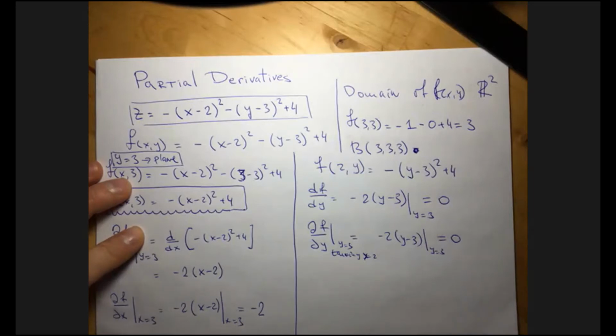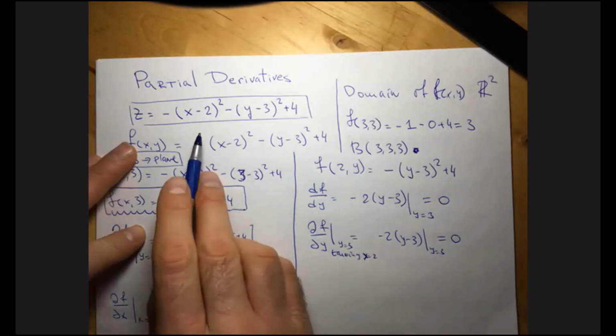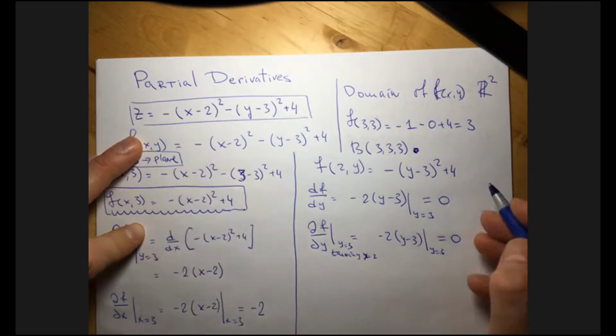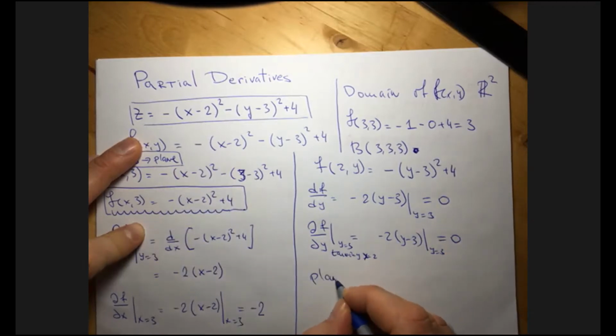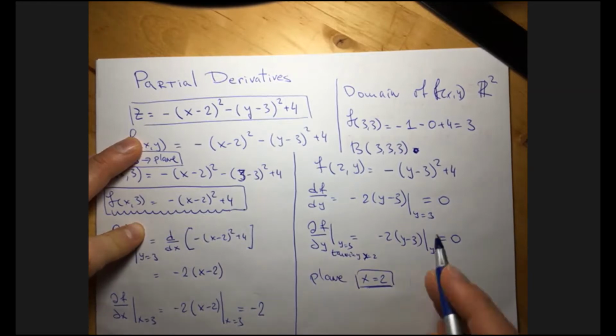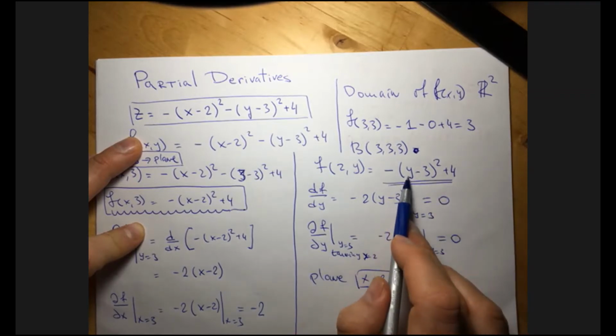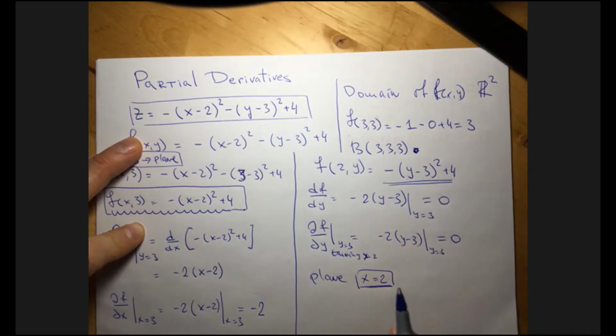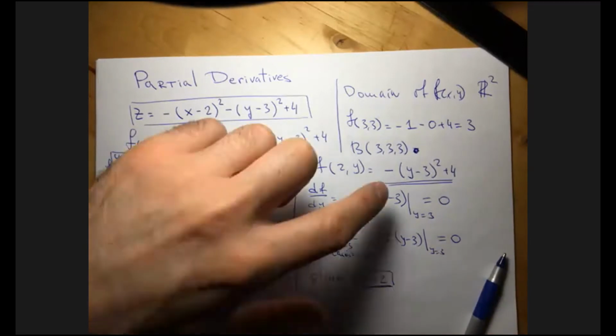That means that if I cut this surface here with the plane x is equal to 2, I should expect what? A curve depending on one variable such that at the point 3, because it only depends on y, when y is equal to 3, I should get what? A horizontal tangent line.